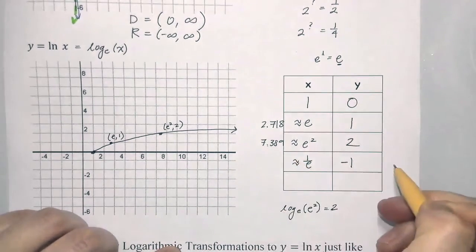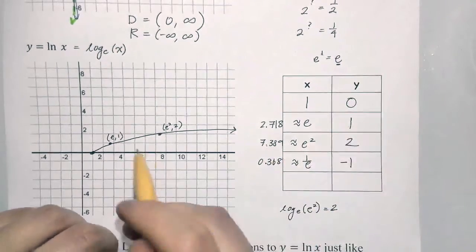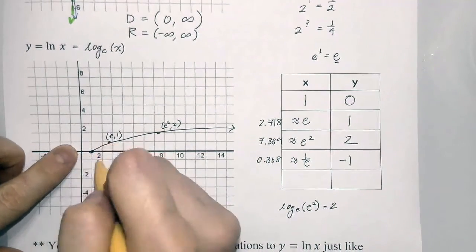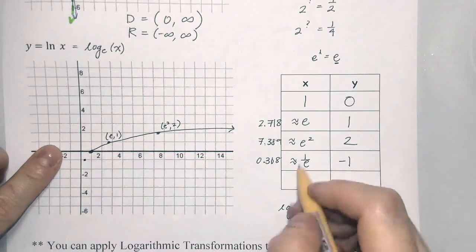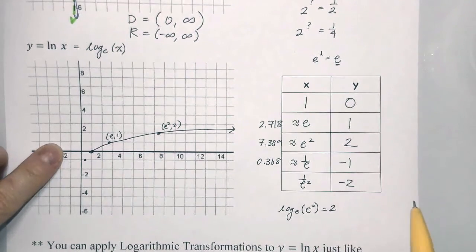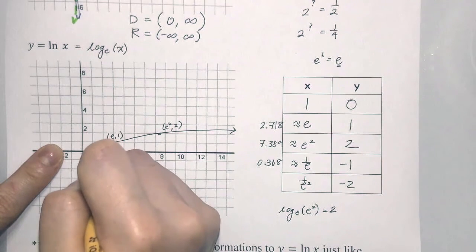And this value is approximately 0.368. So a little to the right of 0 down to -1. And if you continue to 1 over e squared, this will be -2, and that value will just be even smaller.